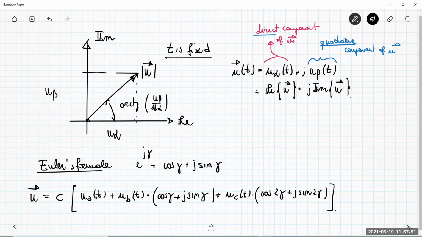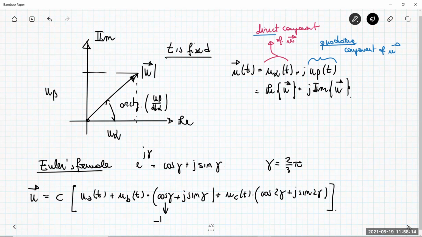Okay, remember that now gamma is 120 degrees, so we can compute cosine gamma or cosine 2 gamma, etc. For example, cosine gamma means cosine of 120 degrees, and so on.